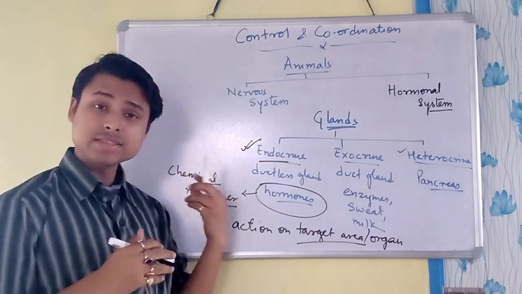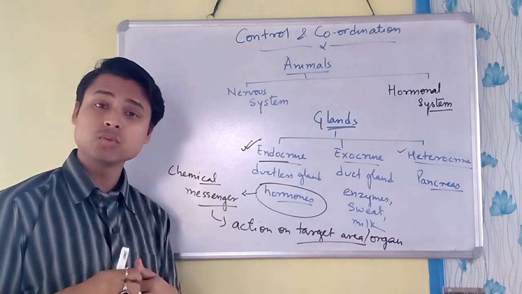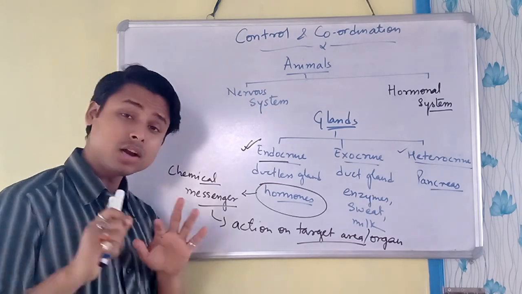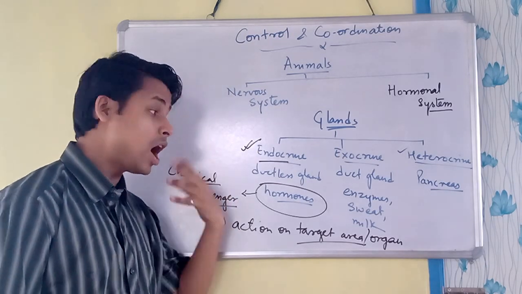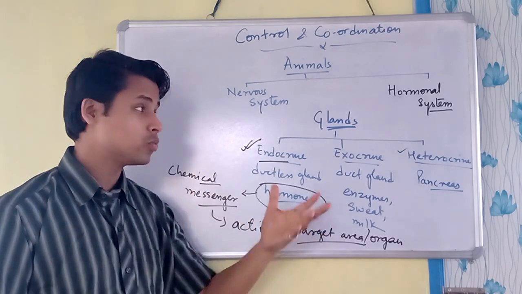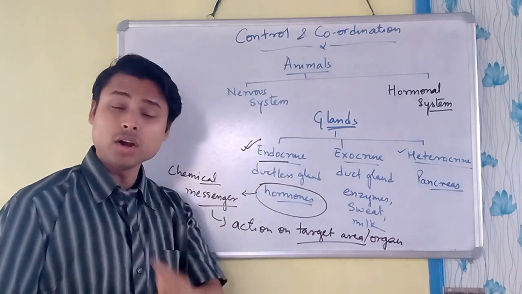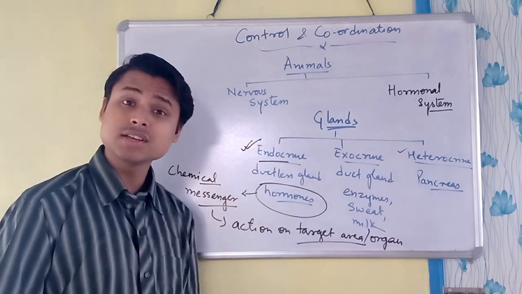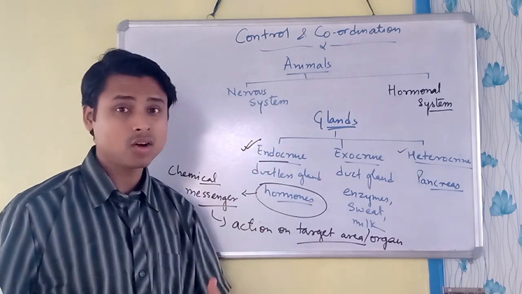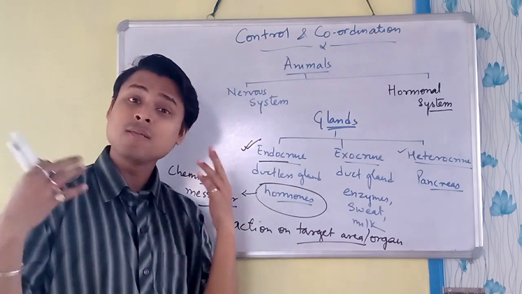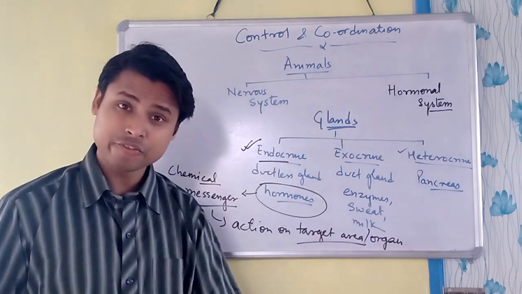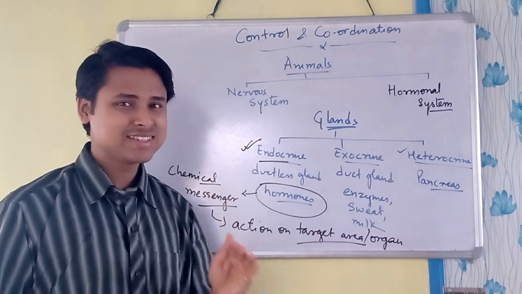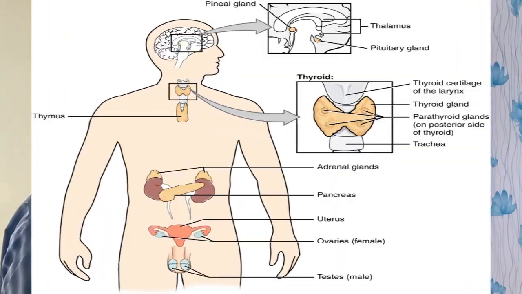This chemical messenger, the hormone, or information molecule, how it works in this hormonal system, we will see everything. First we have to see the various endocrine glands, what hormones they release, and what functions they perform. So let's see one by one.